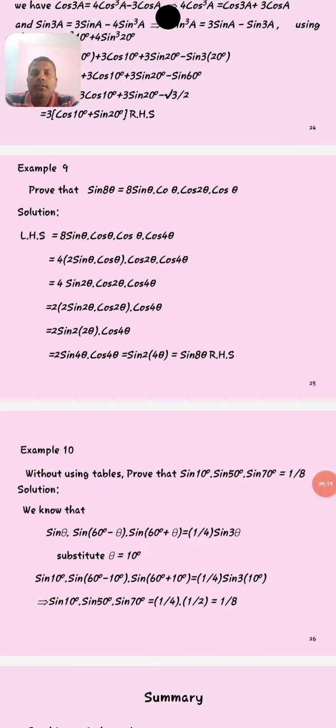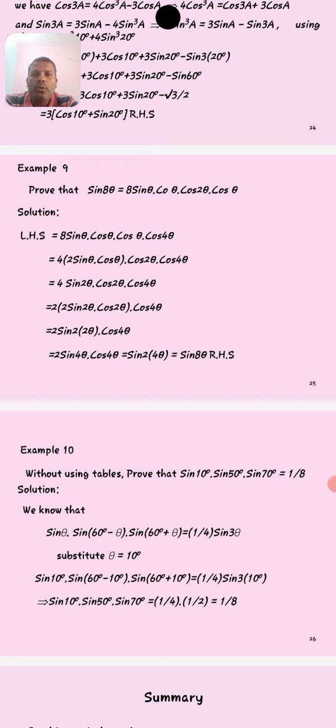Now see the next problem. Prove that sin 8 theta is equal to 8 sin theta cos theta cos 2 theta cos 4 theta. Solution: LHS is 8 sin theta cos theta cos 2 theta cos 4 theta. That equals 4 into 2 sin theta cos theta, cos 2 theta, cos 4 theta.